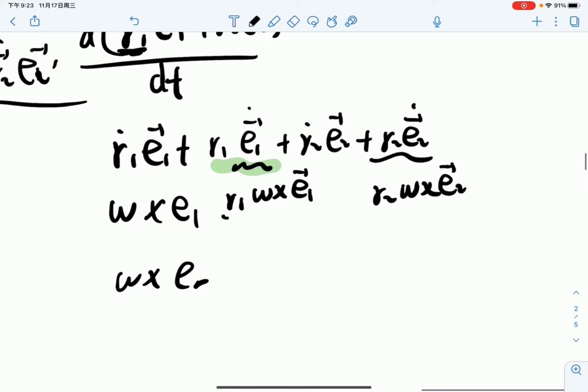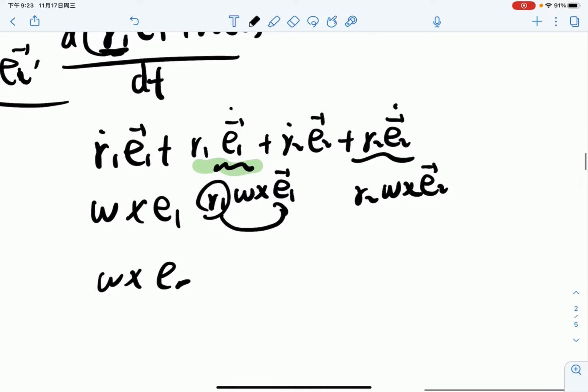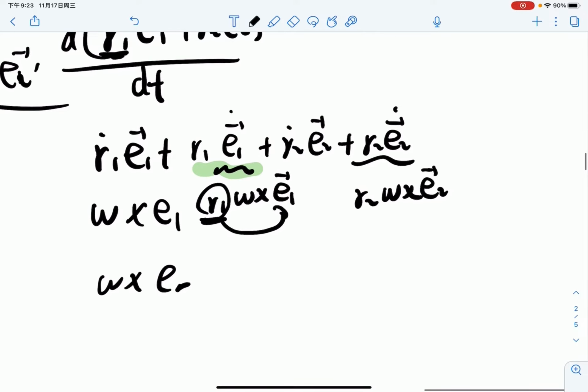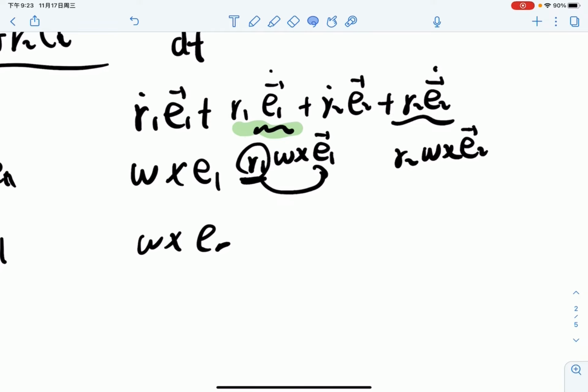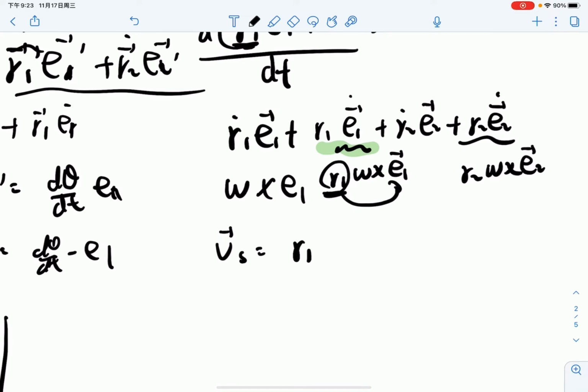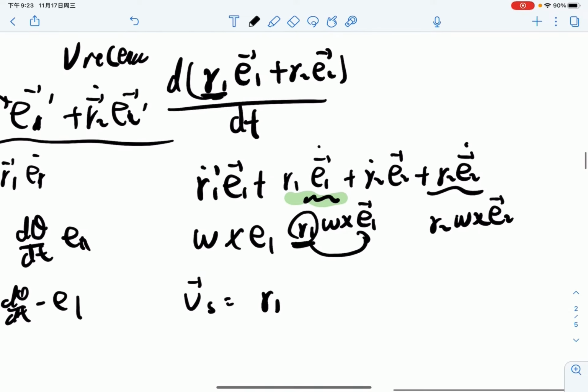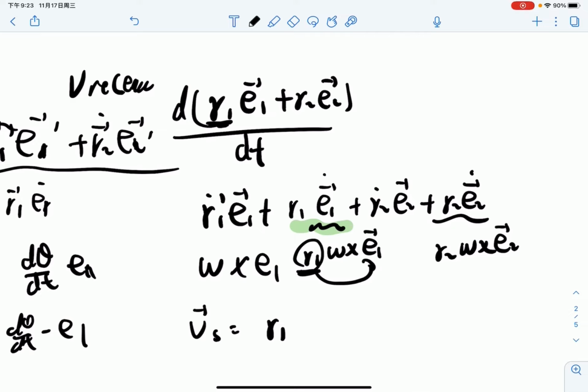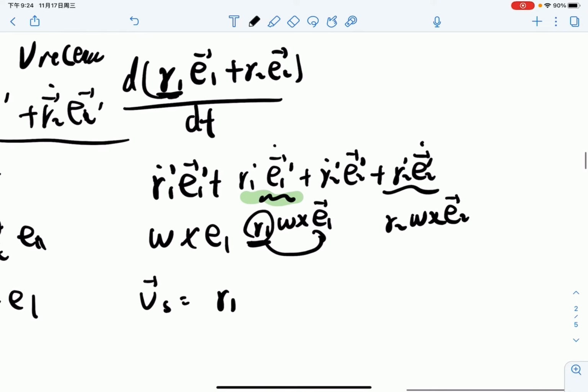Now if we move R1 inside, because it's a scalar, the velocity in the S frame of reference is equal to R1, oh wait, there should be a prime, because we're taking the rotating frame of reference.